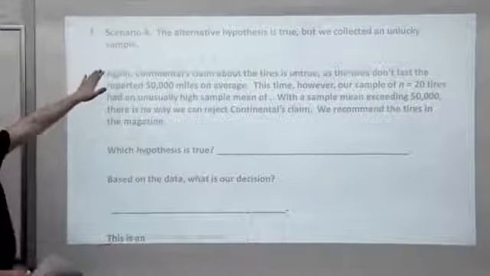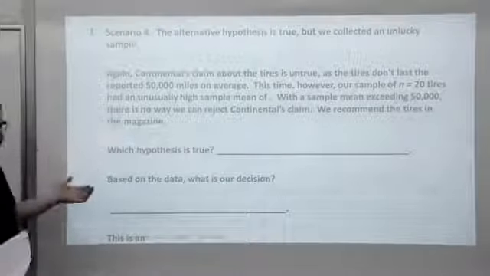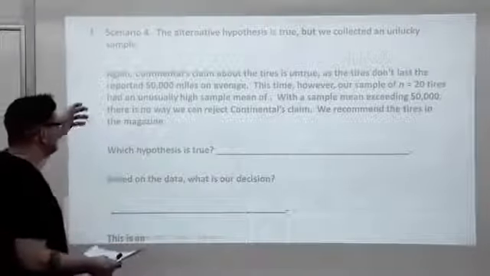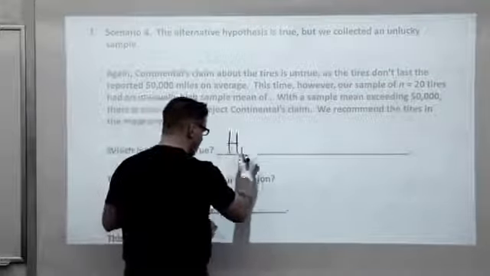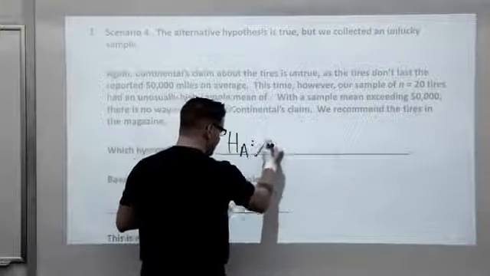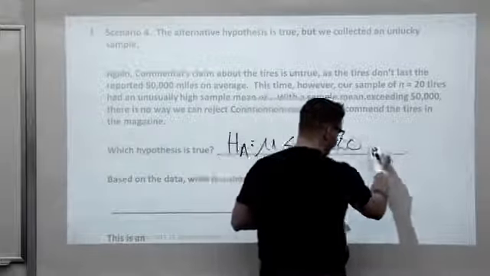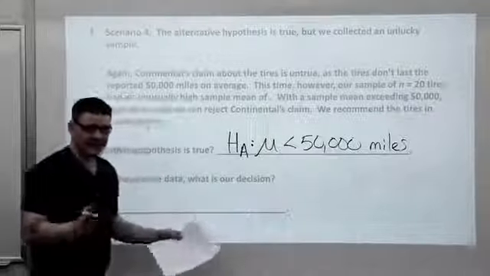The alternative hypothesis is true. We just happen to collect an unlucky sample. Sort of unlucky in the other direction. So let's see, which hypothesis is true? We're saying the alternative, so H sub A, mu less than 50,000 miles. So in reality, the Continental claim is incorrect.